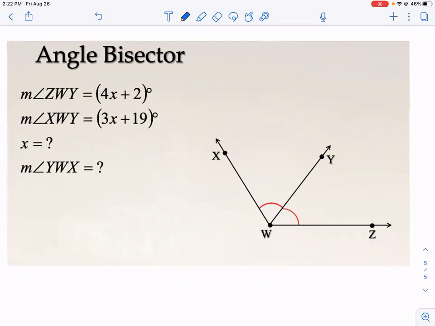Because I have this congruent symbol here. So these red swooshes, that means that these two have the same measure. We still have 2 minutes. And if they have the same measure, what can I do with these two angles? Okay, you can say 4x plus 2 equals 3x plus 19, and we can solve for x from there.